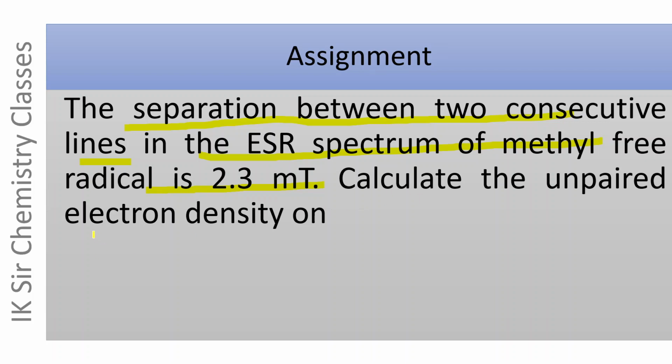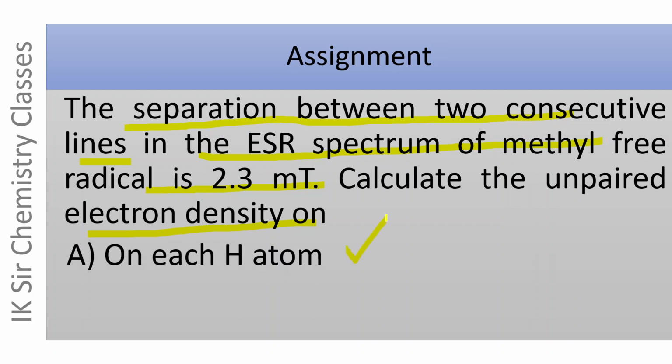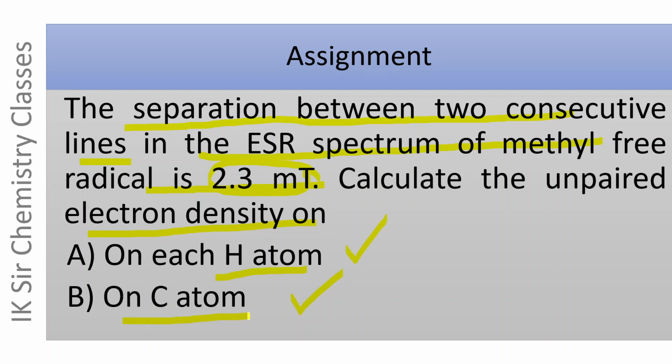Calculate the unpaired electron density on each hydrogen atom and on carbon atom. In the ESR spectrum of methyl free radical, the separation between two consecutive hyperfine lines is 2.3 millitesla. Then we have to calculate the unpaired electron density on each hydrogen atom and on carbon atom also.